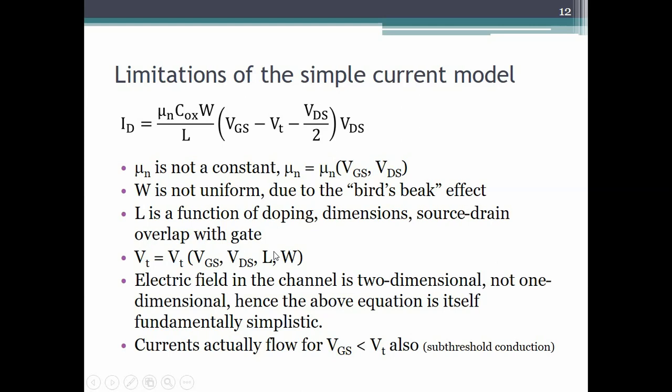And if our knowledge of the current variation is very, very inaccurate, then our designs will be very inaccurate. Therefore, we need accurate mathematical models to describe how the current of a MOSFET varies with the voltages applied, gate source, drain source voltages applied to that transistor.